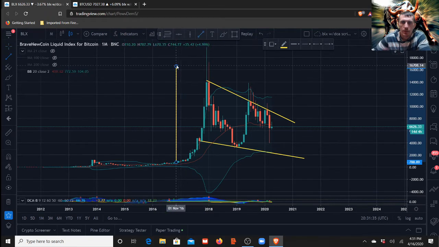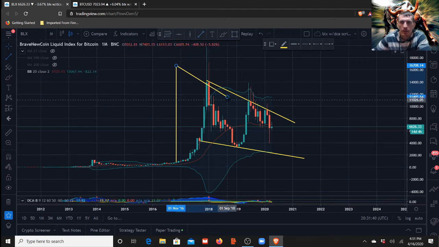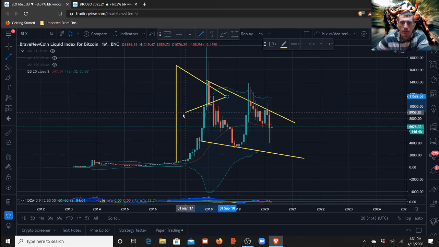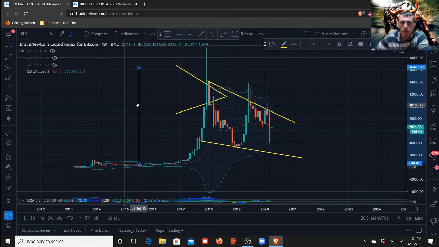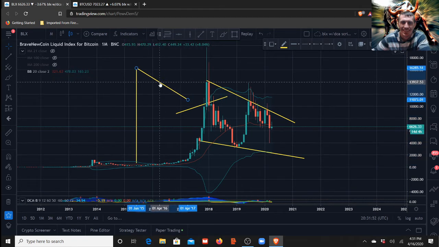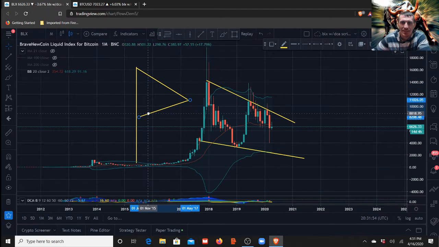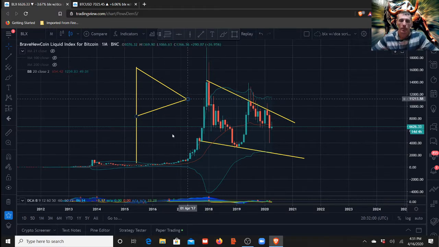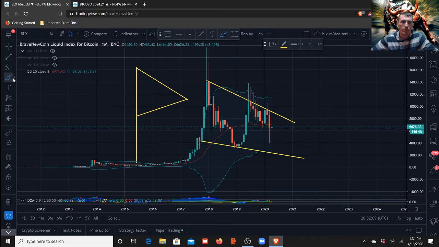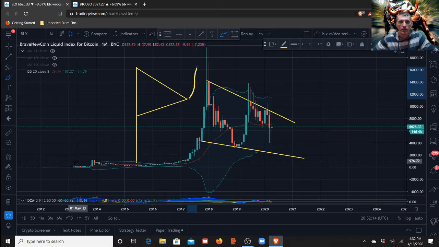And then what price tends to do is actually make a flag pattern like this. This is what a bull flag pattern is. And a bull flag is a continuation pattern, a bullish continuation pattern. Usually once we get to the end of the flag here, we will get a break to the upside.